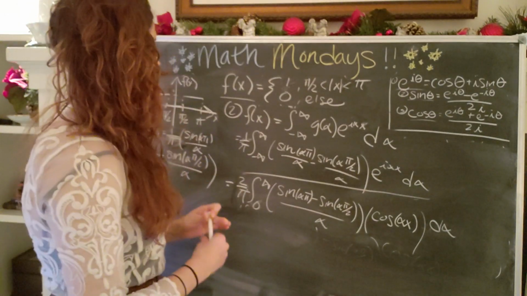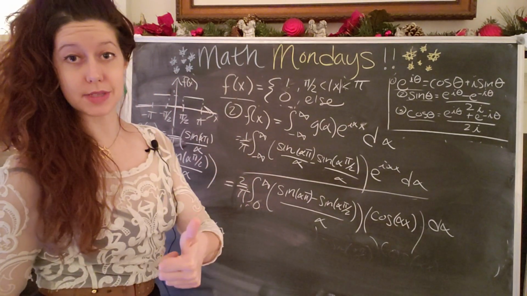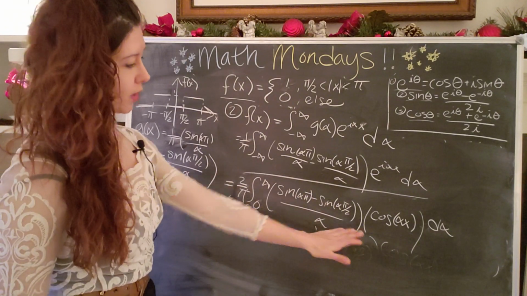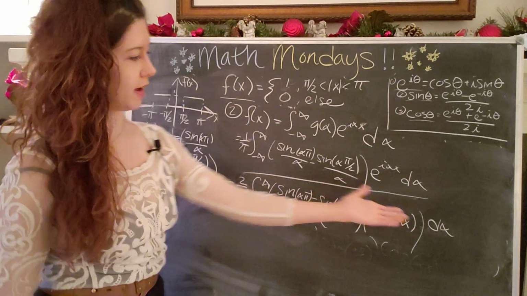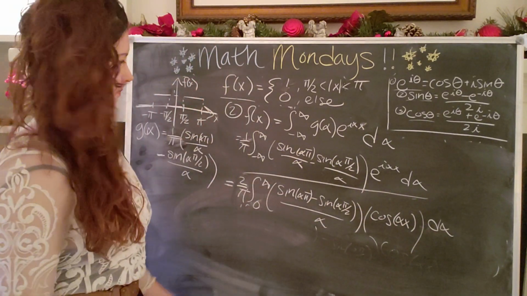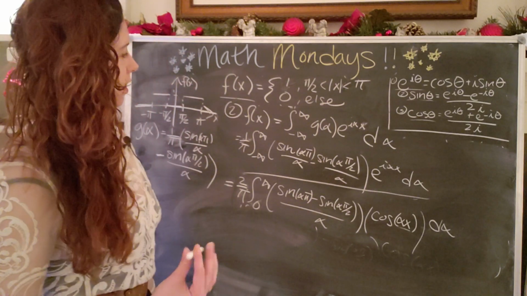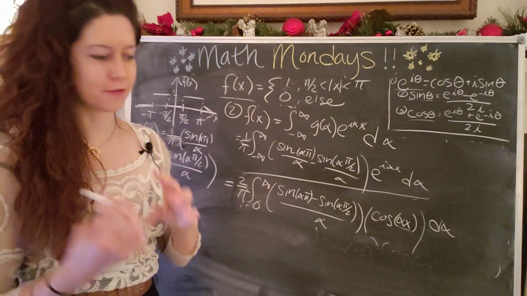So now we have a simplified equation for f of x. You could stop here, and that's the exponential Fourier transform, or you could go a little bit further and get to here, which is going to be slightly easier to evaluate for a given value of x, I suppose, because you still have an x over here. But yeah, now you can manipulate f of x and do lots of fun things.